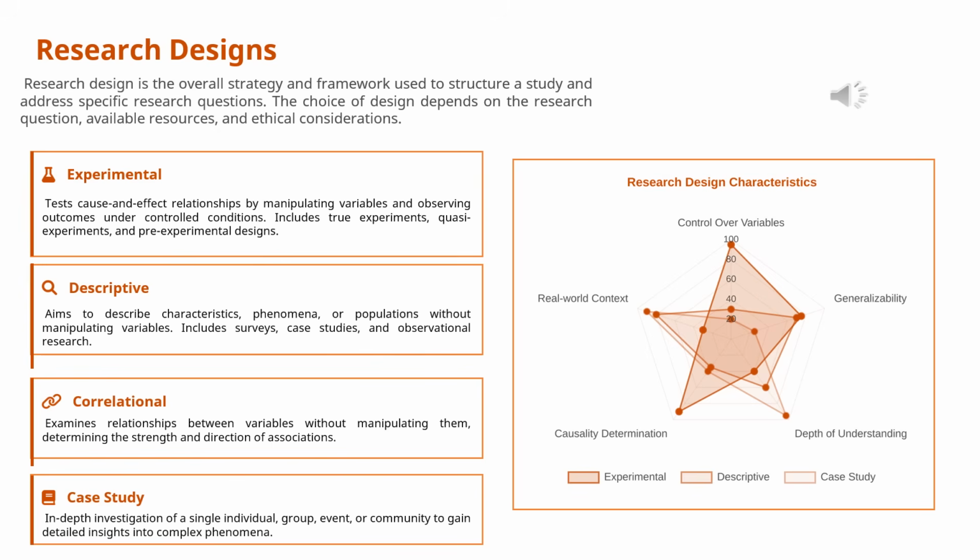Some of the key examples of the experimental design include the true experiment, quasi experiment, and pre-experimental design. Of our specific interest is the randomized controlled trial, which is one of the commonest experimental designs, where you evaluate the effectiveness, for instance, of a new vaccine in preventing disease transmission.